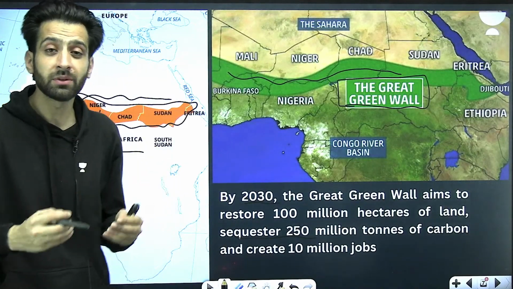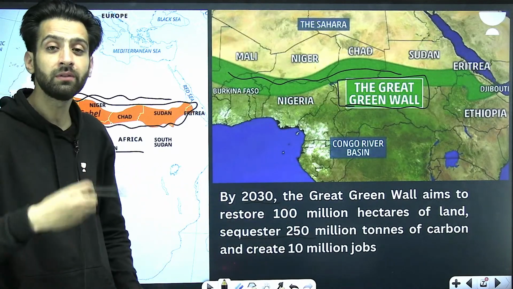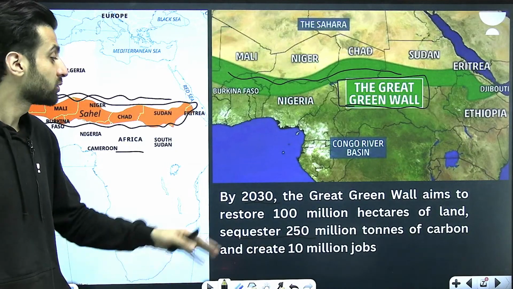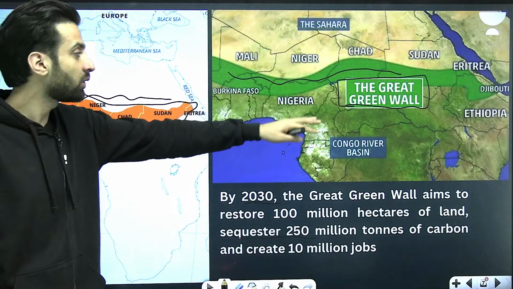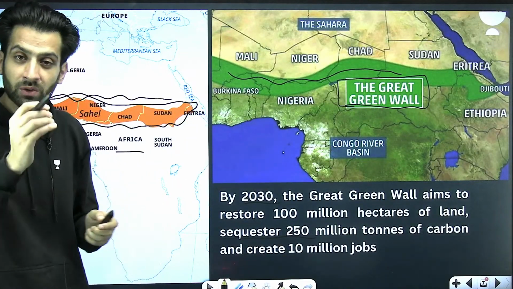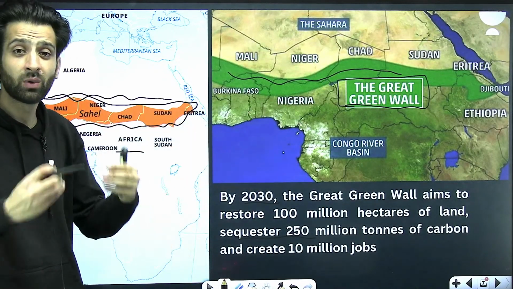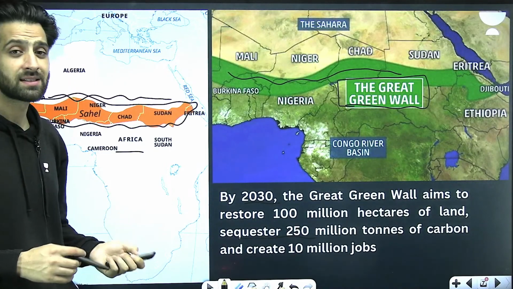When you restore that much land, then 250 million tons of carbon will be sequestered and it will generate employment as well. So these are some of the very important points about the Sahel region because of the Great Green Wall. If there is a question about the Great Green Wall, you should be able to answer where the Great Green Wall lies and what is the importance of the Great Green Wall. So these are some of the points about the Sahel region.